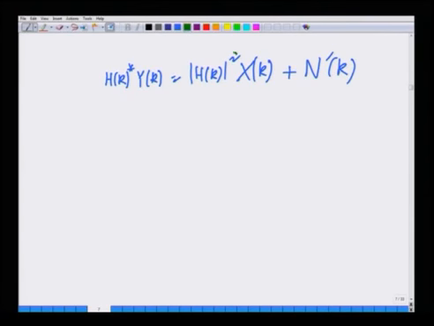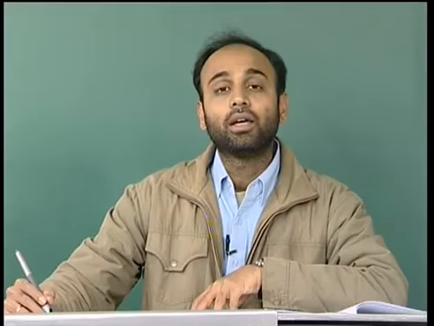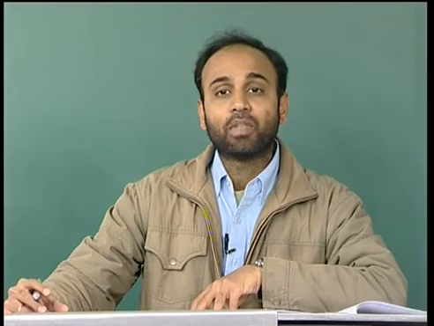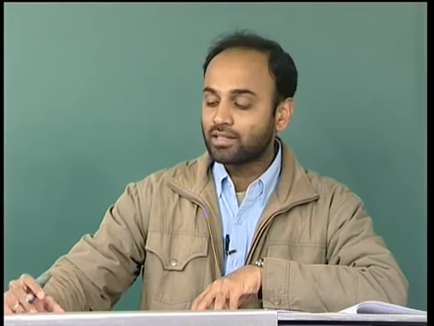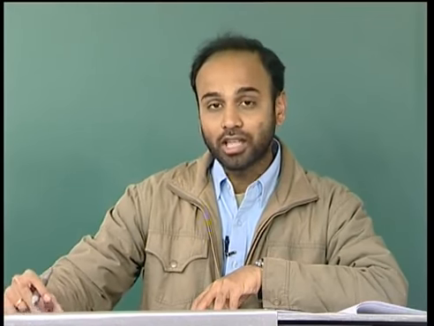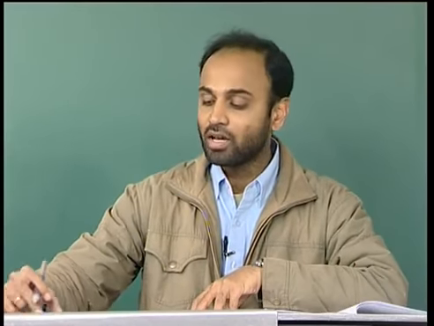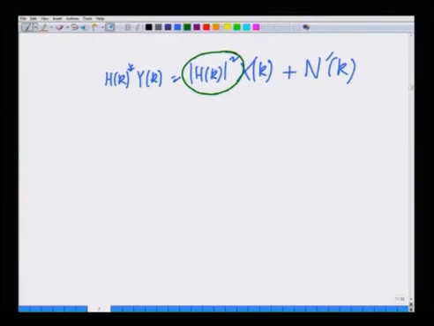You can clearly see in this case that mod hk square, or magnitude hk square, is a real number, hence this has no phase, hence it does not distort the phase of xk. However, it distorts the amplitude because it has some power. Hence, if you have a BPSK constellation, I can employ this also.